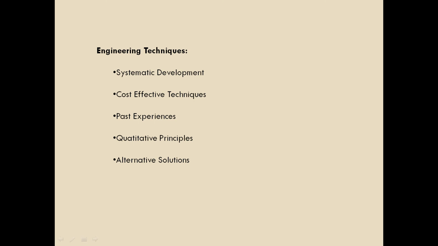We have quantitative principles there. So there is a difference between using past experiences roughly and using past experiences with a theoretical basis, or making use of quantitative principles for the design process and developmental process.